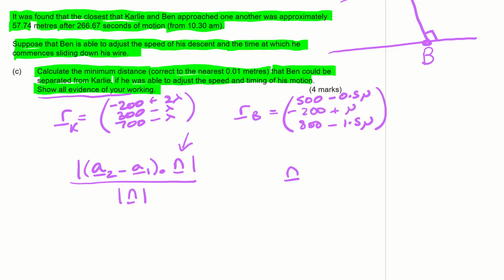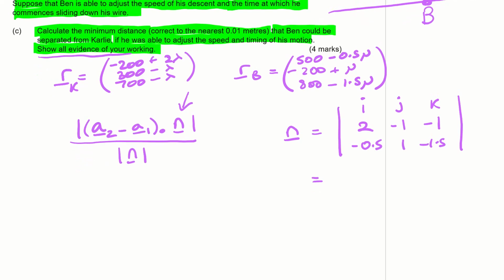So in other words, to get the n, what I need to do is a cross product of 2, negative 1, negative 1, and negative 0.5, 1, negative 1.5. Now, let's do that. Covering up the i, we get 1.5, take away negative 1, so that would be 2.5.